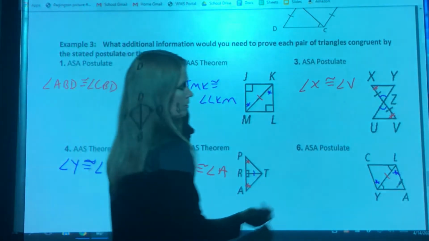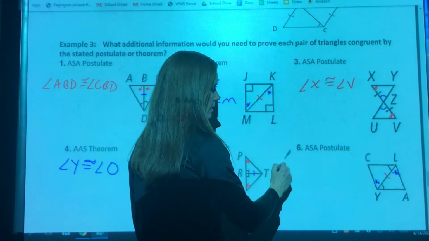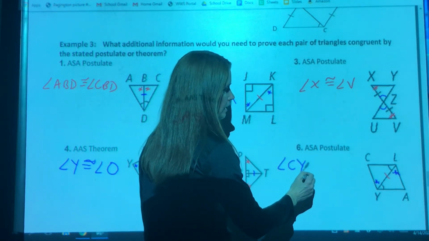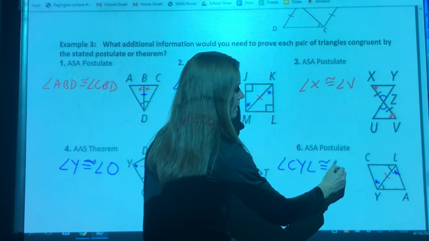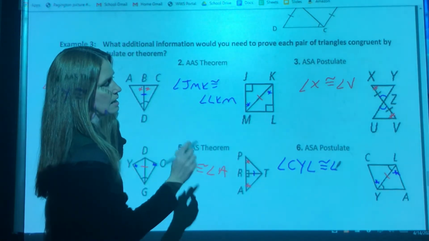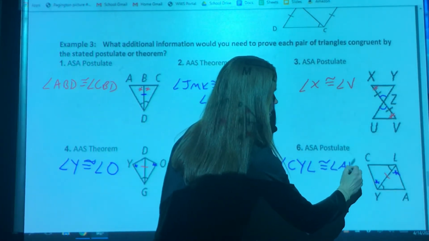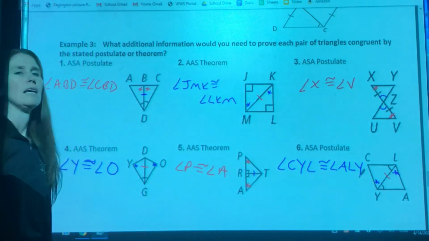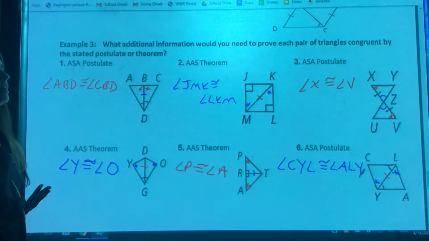And so those blue markings, I need to name 3 letters. Angle CYL would be congruent to ALY. And if I knew those two are congruent, then I'd be good to go there.